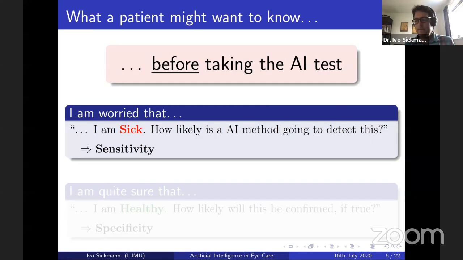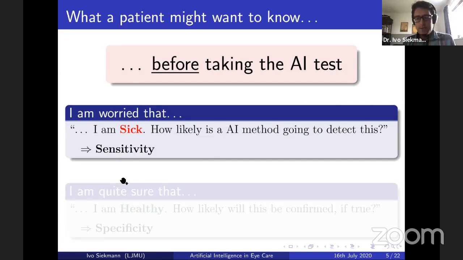So here I make the assumption that I am sick, and the question is, how likely is it that the AI method is going to confirm this? This quantity is called the sensitivity, and I will show on the next slide how we can calculate the sensitivity.